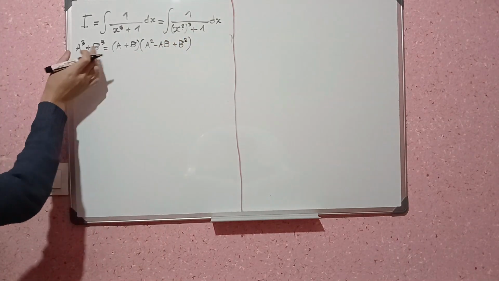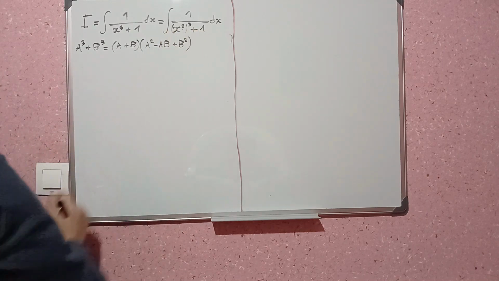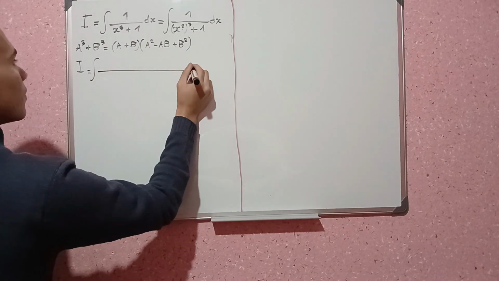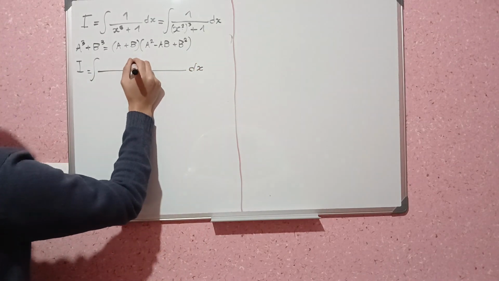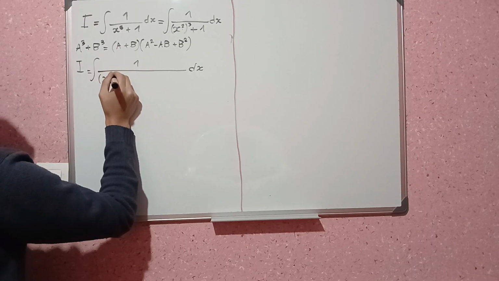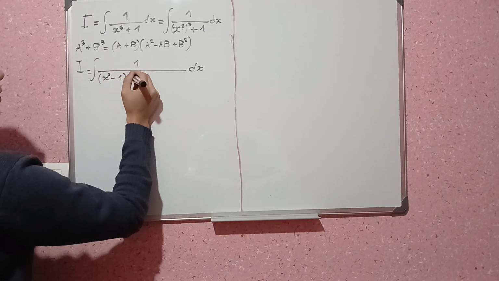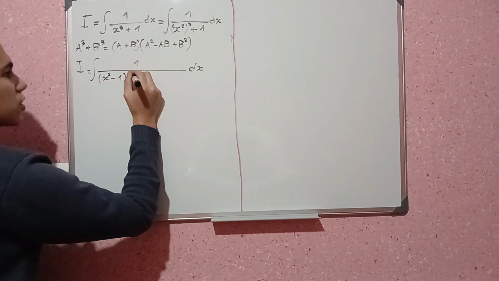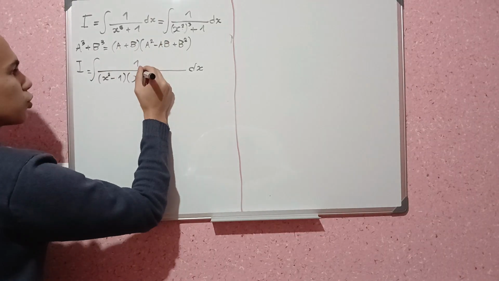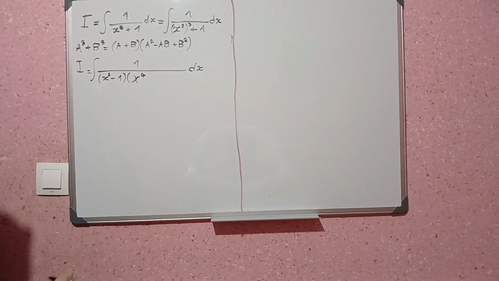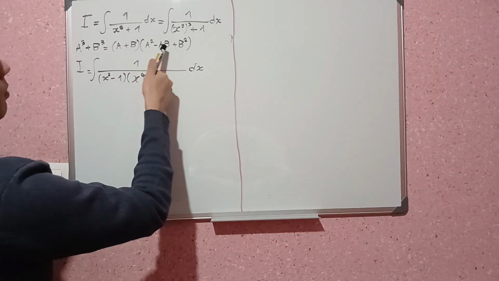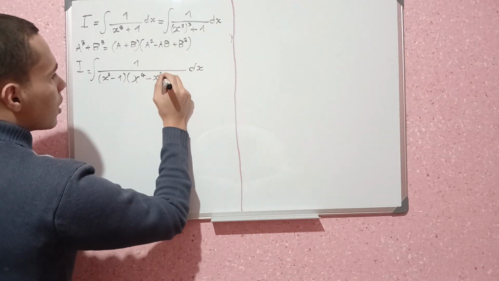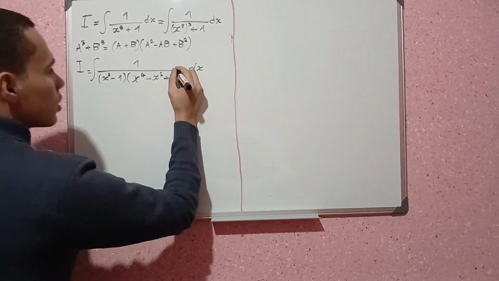So we can use this fact to factor this denominator, so we get I equals the integral of 1 over x squared plus 1 multiplied by x to the power of 4, minus a multiplied by b, so 1 multiplied by x squared is just x squared, plus b squared which is 1 squared, which is just 1.